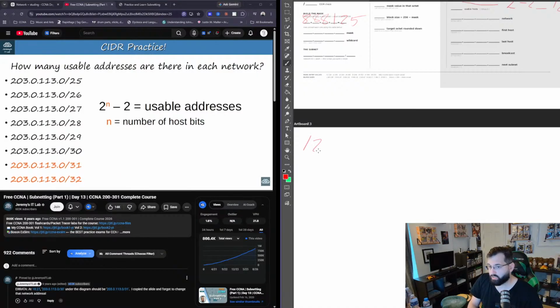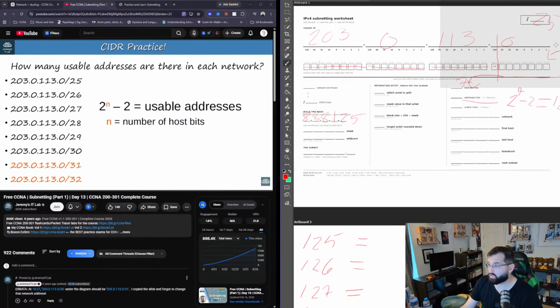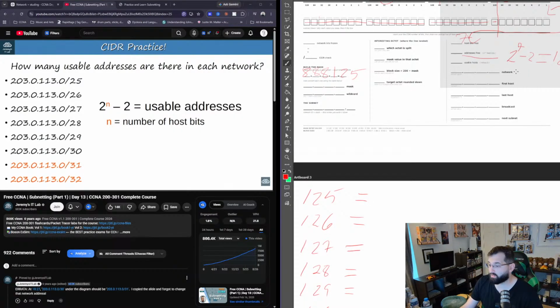Okay. /25, /26, /27, /28, /29, /30, /31, and /32. So how many bits are free with each one? It should be fairly easy. The last two might be a little tricky, but we know that /25 is 7 free bits.